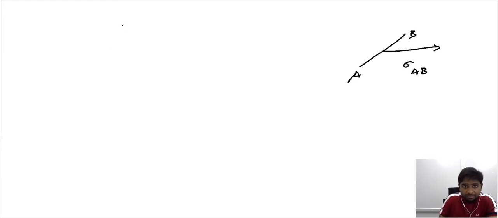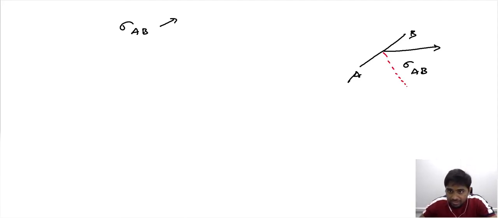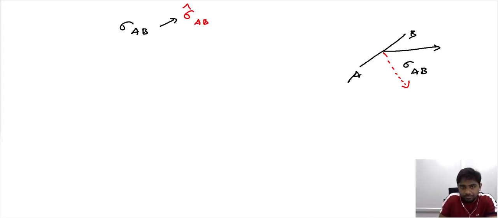From sigma AB we identified the stress that is perpendicular to the region of interest, that is along the normal to it. In addition, we estimated the stress acting along the region of interest. So normal to the region of interest and along the region of interest.